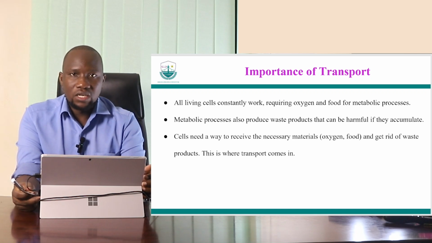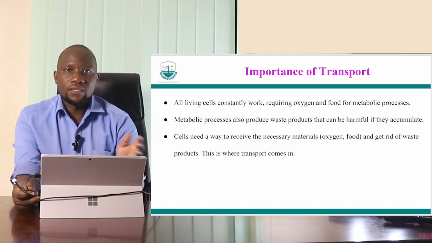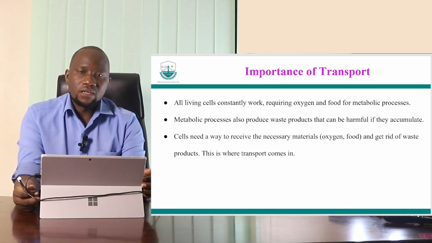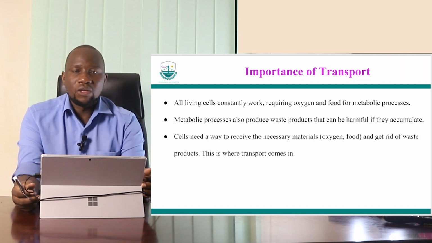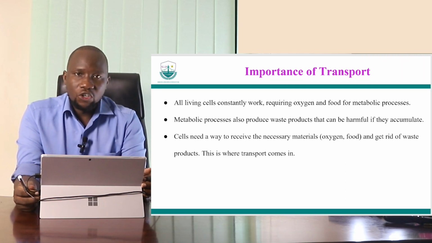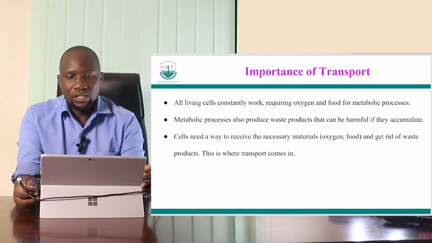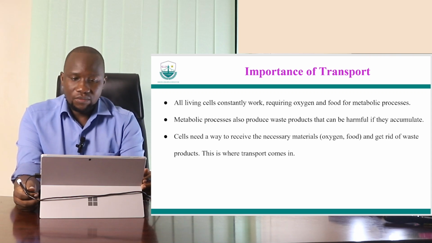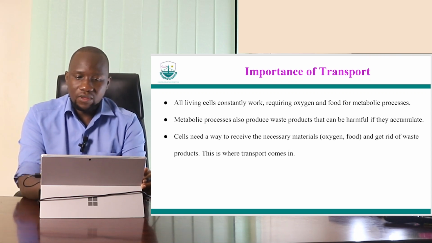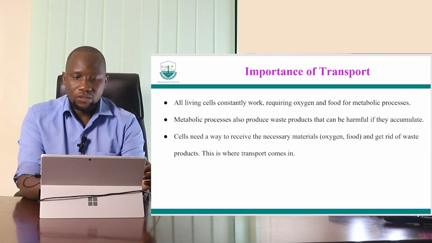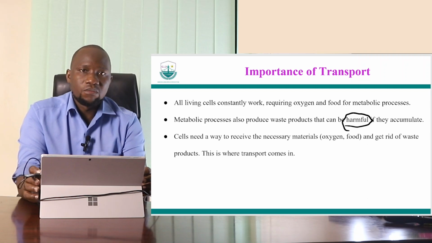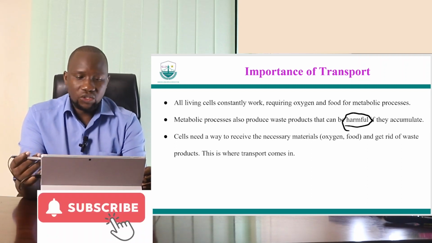So excretion of these products of metabolism is very important, because if these products accumulate in the organisms, they are poisonous, what you can call toxic. These products are toxic, so they need to be removed. What we are terming as harmful here. These products are harmful, toxic, or poisonous, so they need to be treated.